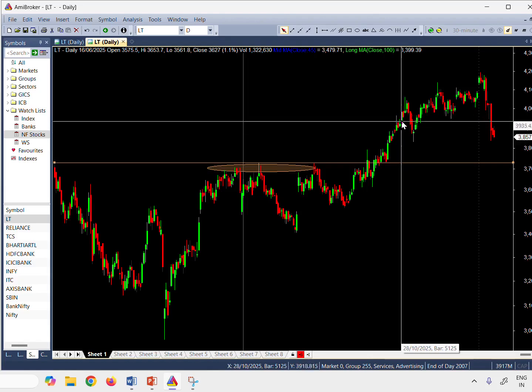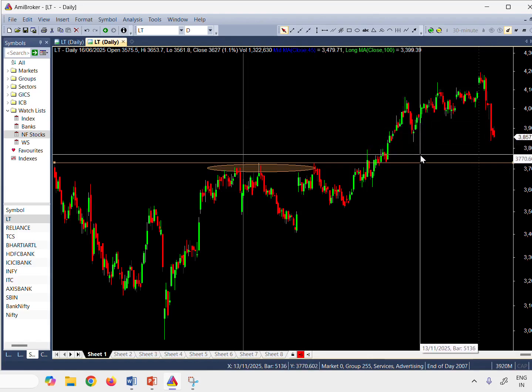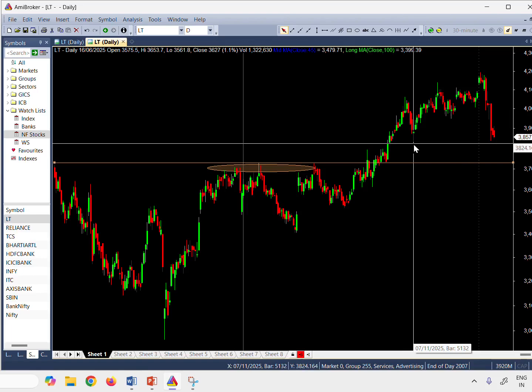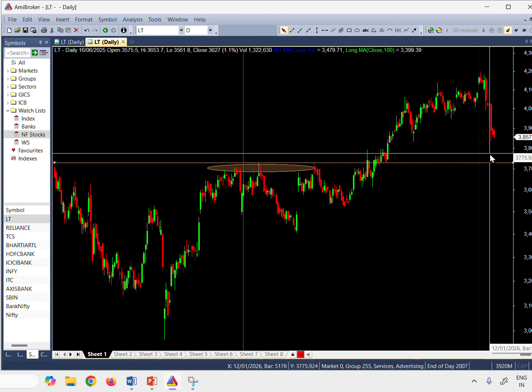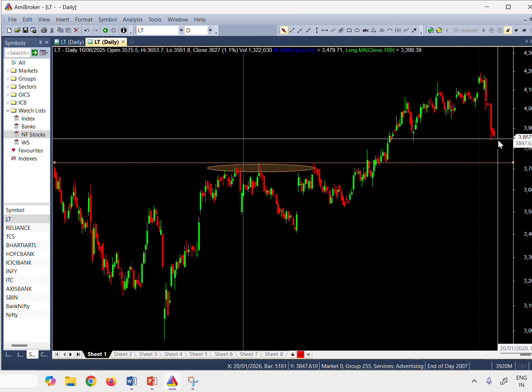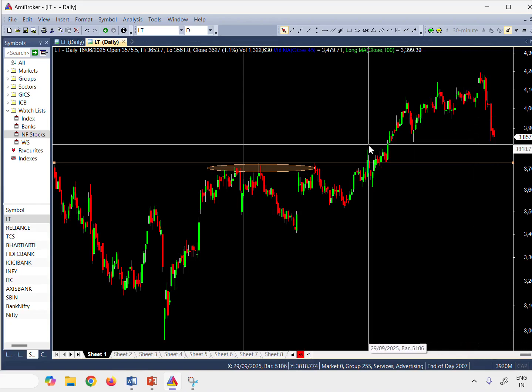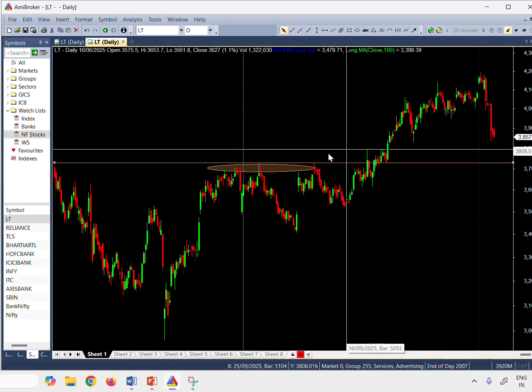And then you can see the prices are coming down. The first support was taken somewhere around 3800 on 7th of November. And now, somewhere around January 12th, it is again testing the resistance, previous support. So this is how the support and resistance levels do their work.